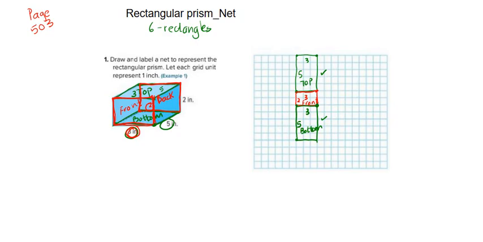Even the back will also be 3 by 2. So continuing from the bottom rectangle, 3 by 2, it's going to look exactly the same as the front rectangle that we drew on top. This is the back rectangle. So you can see the front and the back are exactly the same. That gives us 4 rectangles. We're now left with 2 more rectangles to complete.